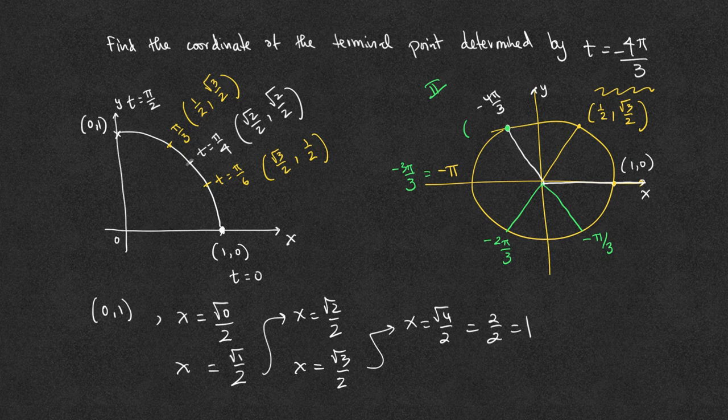X is therefore negative 1/2. Using symmetry, y in the second quadrant is positive, and so y is root 3 over 2. The coordinate of the terminal point determined by t equals negative 4 pi over 3 is (negative 1/2, root 3 over 2).